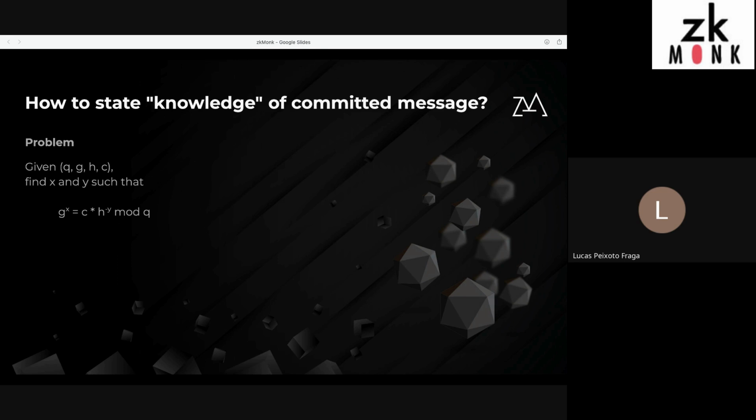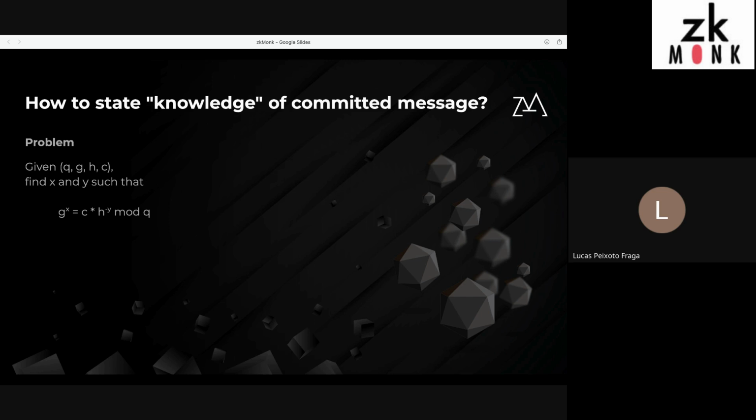How do we state the knowledge of a committed message? Given the public inputs q, g, and h, and a commitment value, we can claim the knowledge of the commitment if we can find x and y such that this equation holds. This equation is basically the same from the previous slide.